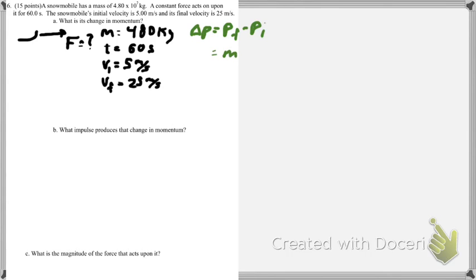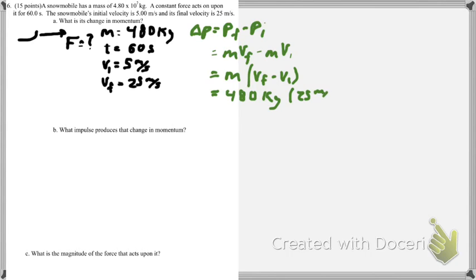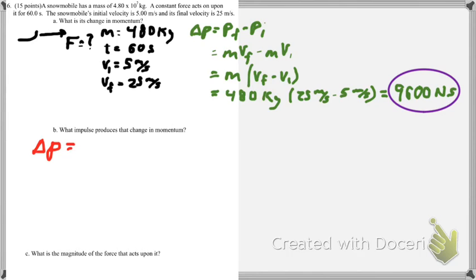Basically, the change in momentum is momentum final minus momentum initial, which is mv final minus mv initial. You can plug in right there if you want, or pull out the m. In either case, it's 480 kilograms times 25 meters per second minus 5 meters per second, which is 480 times 20, which gives you 9,600.